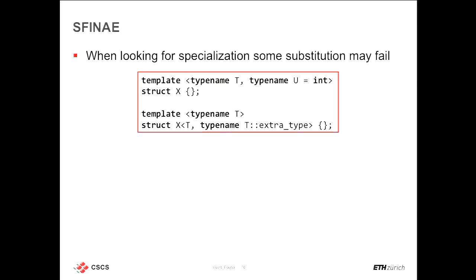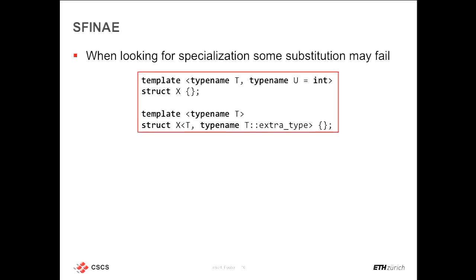And well, when it goes there, you pass an integer. What happens? If T is an integer, int::extra_type doesn't mean anything. It's actually an error. You cannot do int::extra_type. So this should be a compiler error, but it's not. It's silently disposed of.